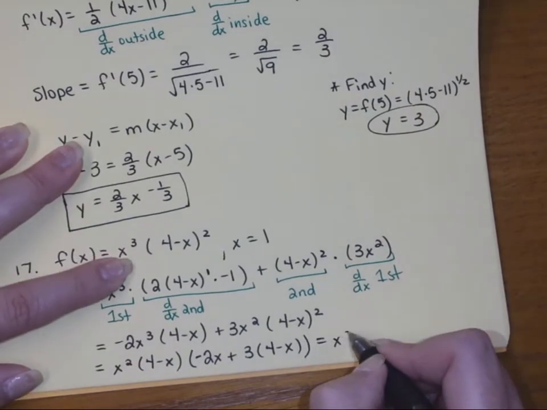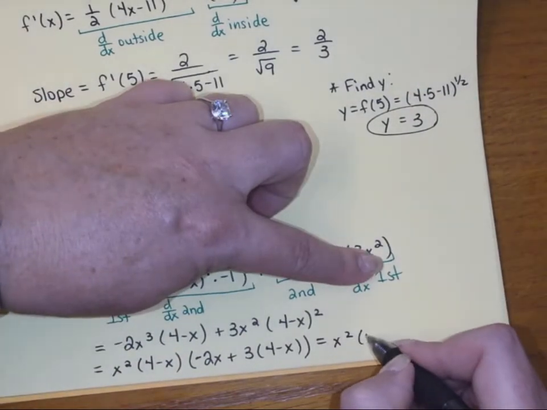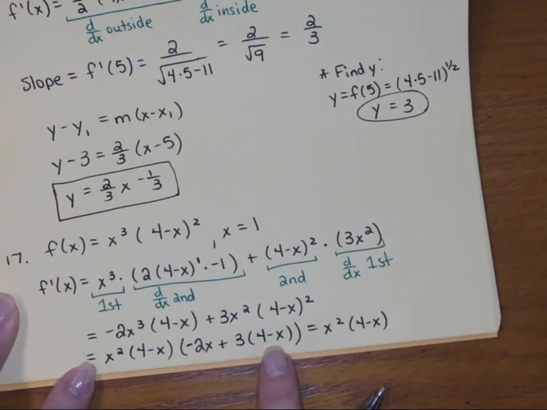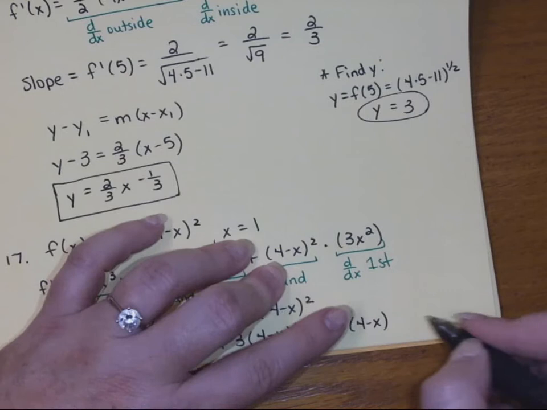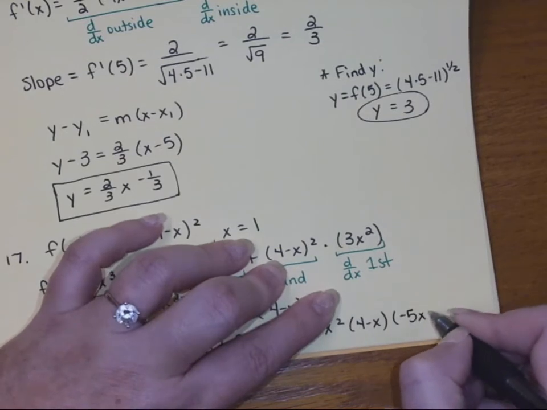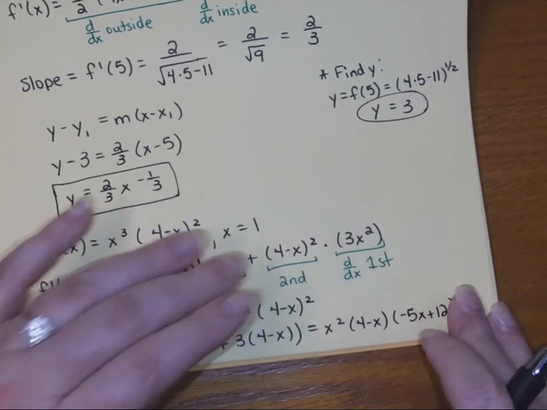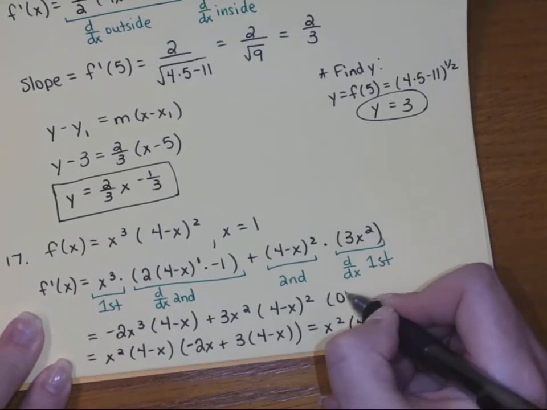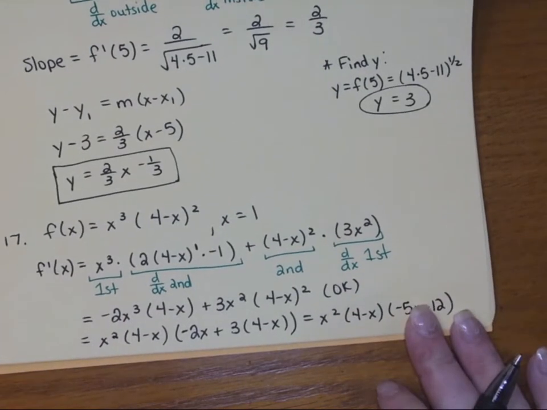But then inside that parentheses can be cleaned up. So this will be 4 minus x. This will be 12 minus 3x. So this would be negative 5x plus 12. So this is the fully reduced version, but I'm just going to say this is okay. If you leave it like that, I'm okay with that.